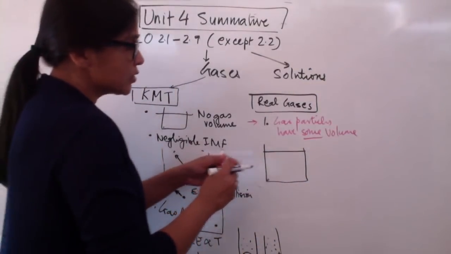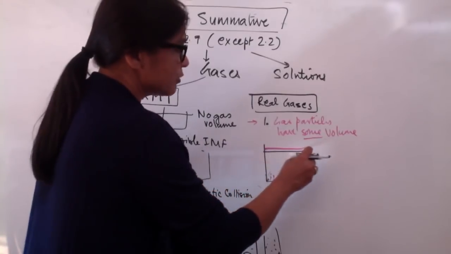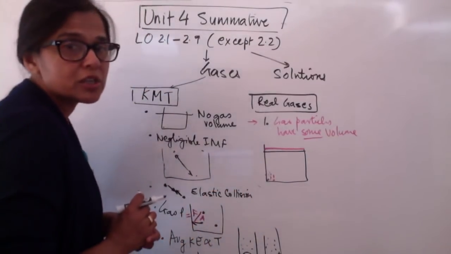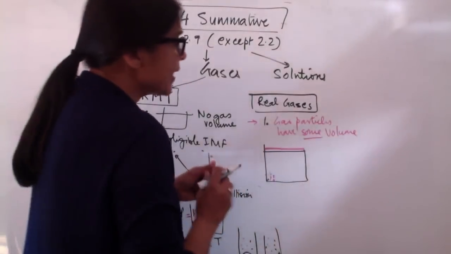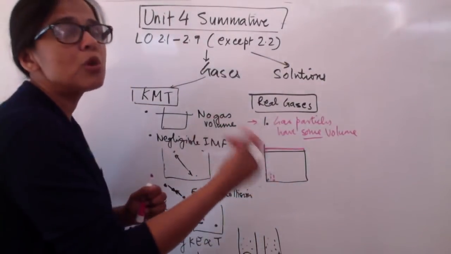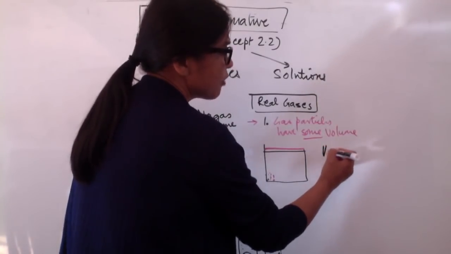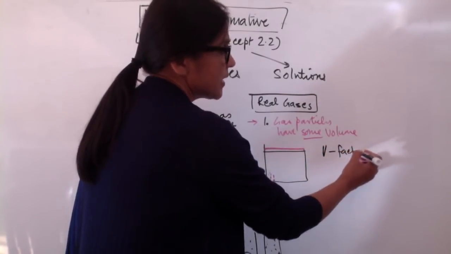Now, if gas particles do have some volume, then the overall gas volume, the real gas volume, is larger. So to make the real gas volume look more like ideal, you subtract from volume a factor. What factor? I'll tell you in a minute.